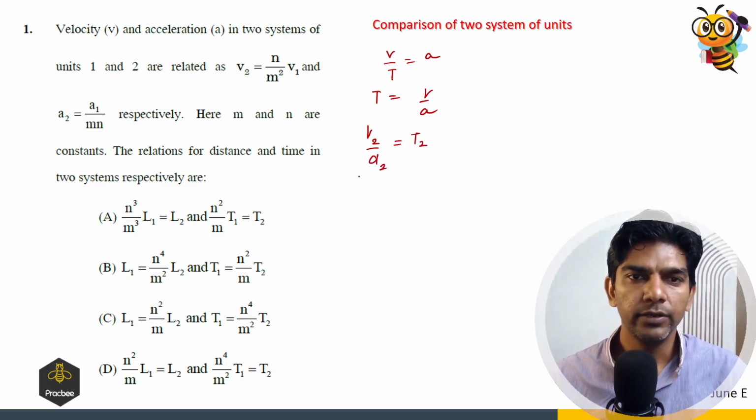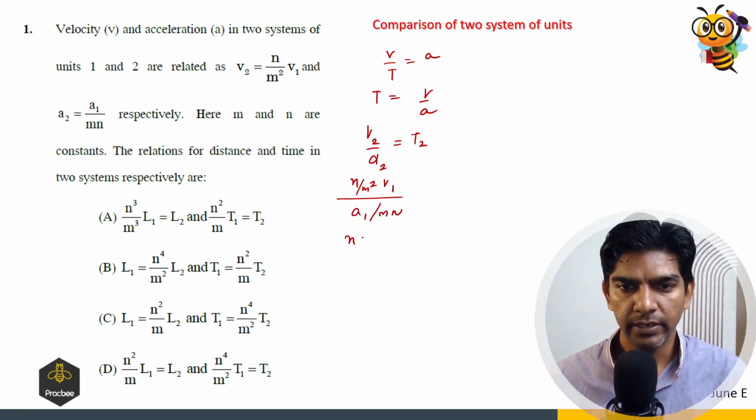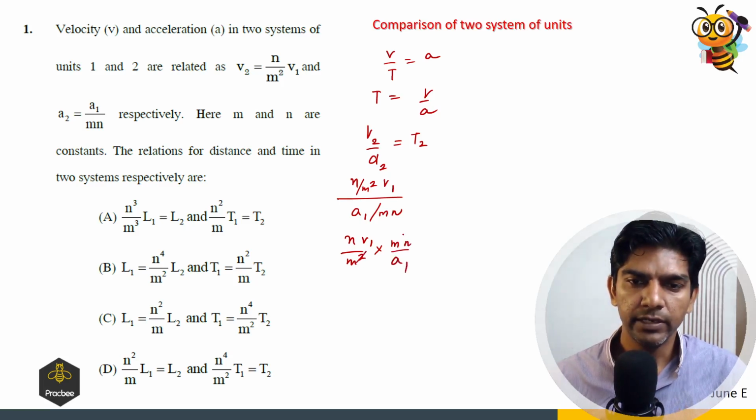So v2 by a2, if we divide them, so n by m square times v1 divided by a2, which can be written as a1 by m times n. So this can be written as n v1 upon m square times mn upon a1. So m will get cancelled out, so it will be n square by m times v1 by a1. So that will be t2.